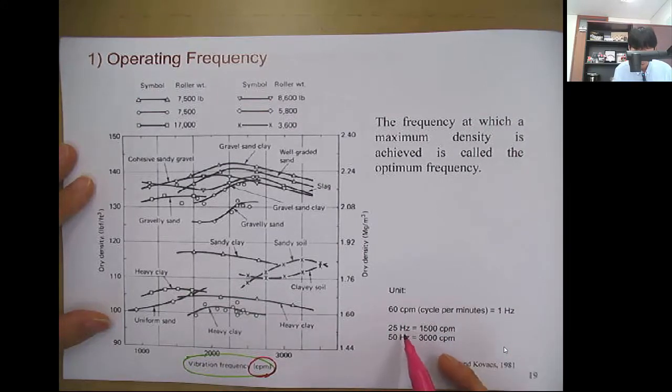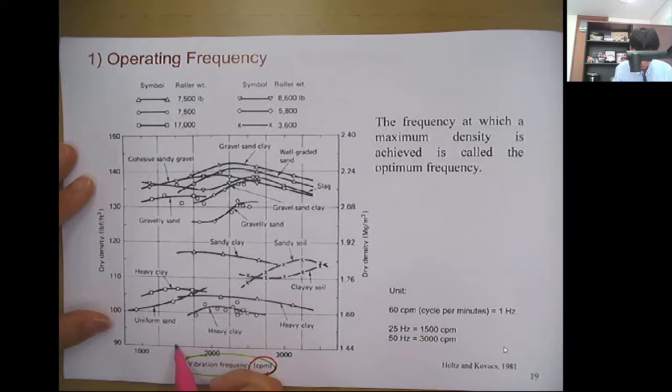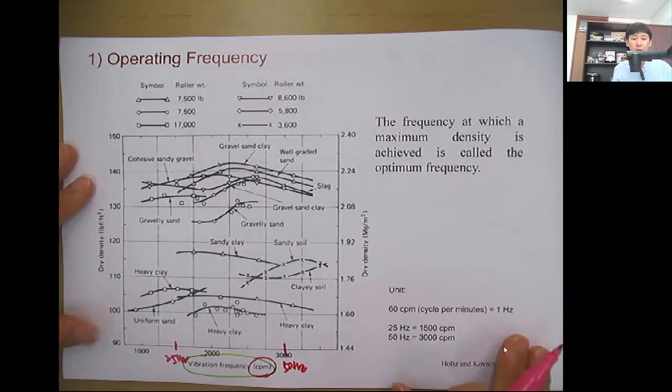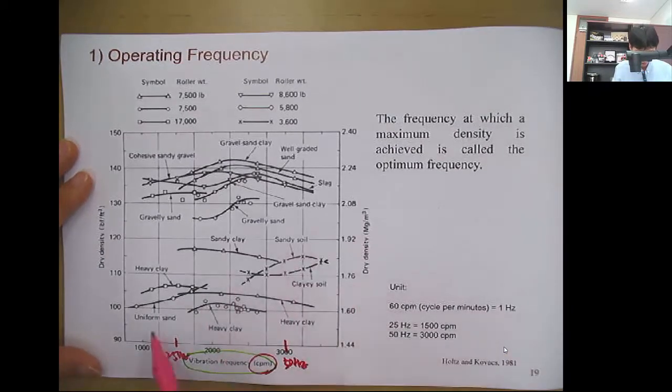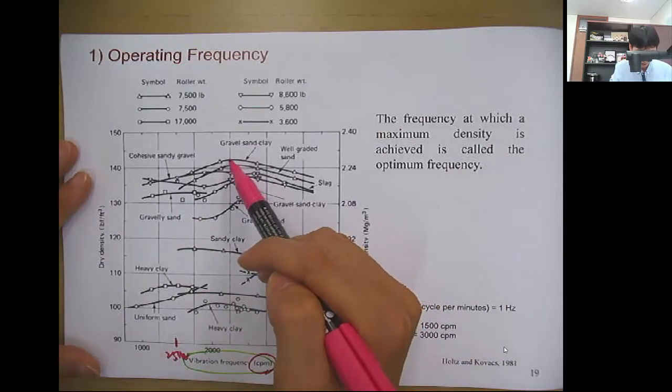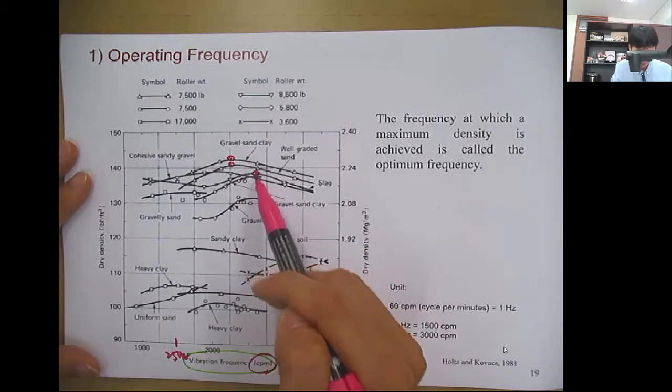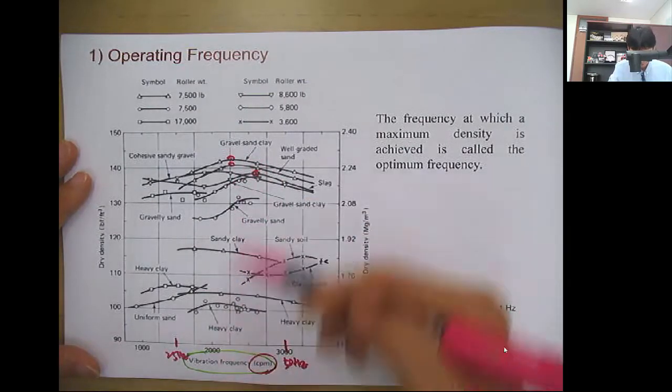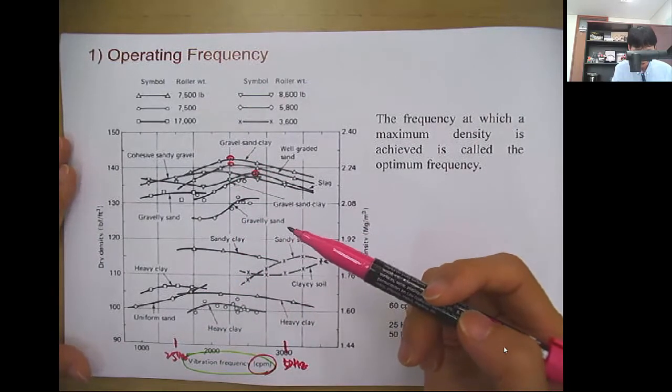So 25 hertz is about 1500 CPM, and 50 hertz is about here. So you can see many of the rollers are within this 25 to 50 hertz range, and the optimum frequency is about 30 to 40 hertz.